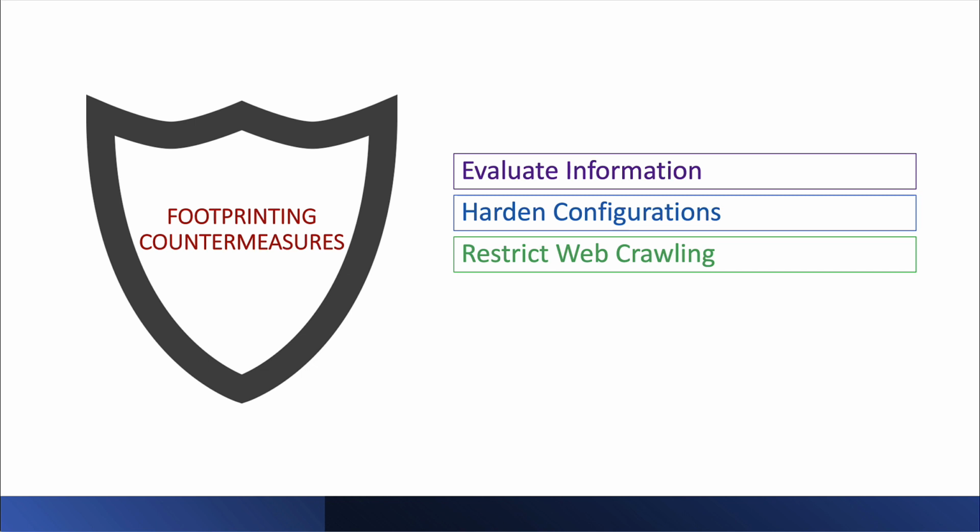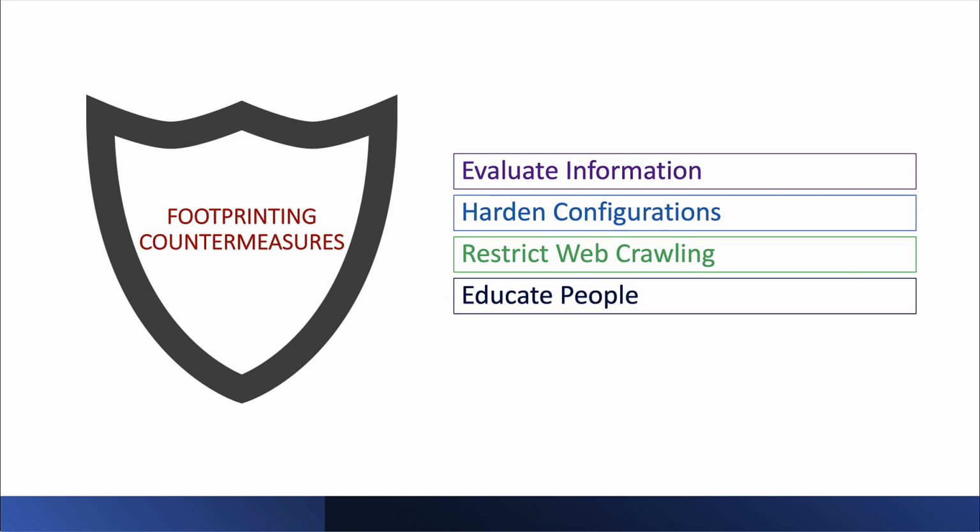So from our side, we can use something like the robots.txt file to tell the crawlers not to go into certain places. Always educate people not to reveal information, because social engineering is a big way where a hacker would get information easily about their target.